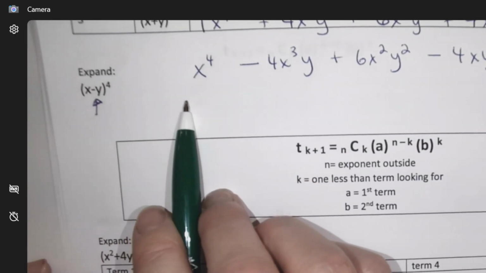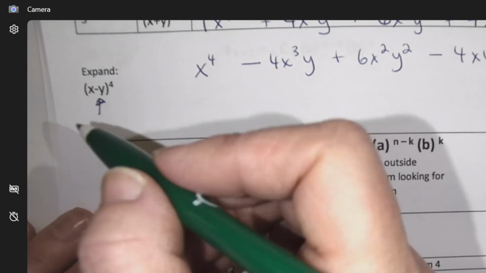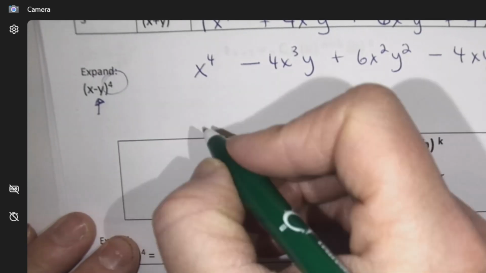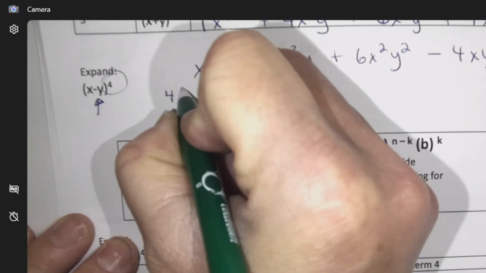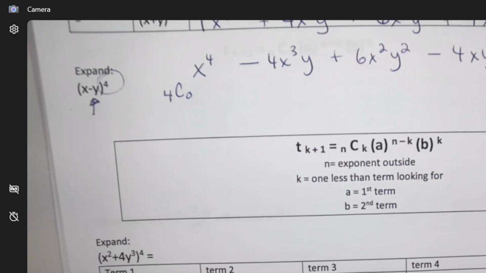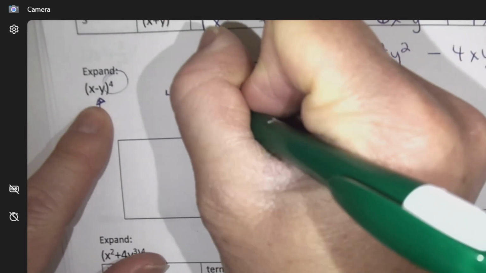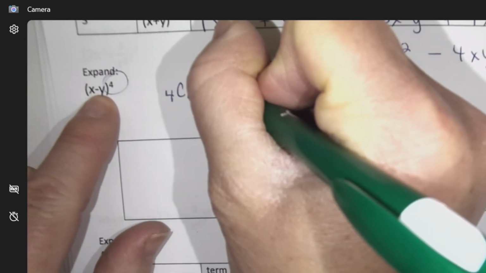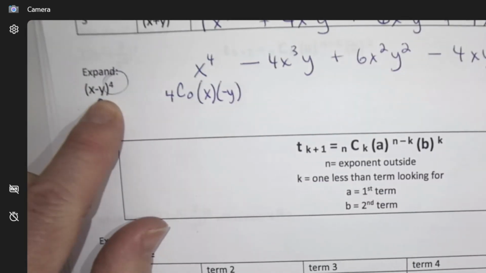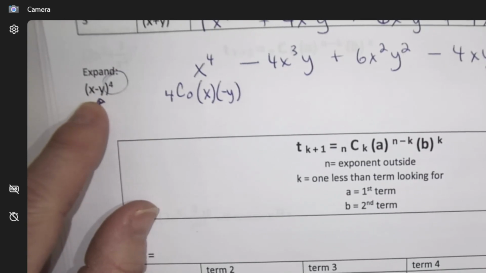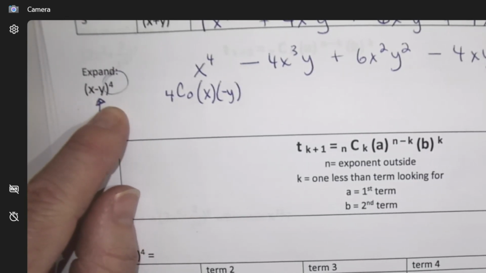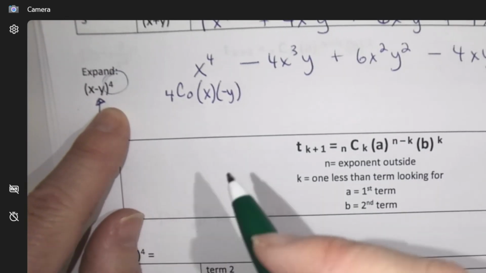Okay, so first of all, if I take back to this example, the exponent was 4. So here's what I did. I did a 4, choose 0. I took the first item, I took the second item. So the first item was x, the second item was negative y.